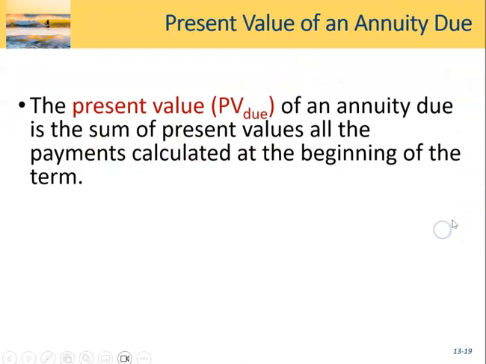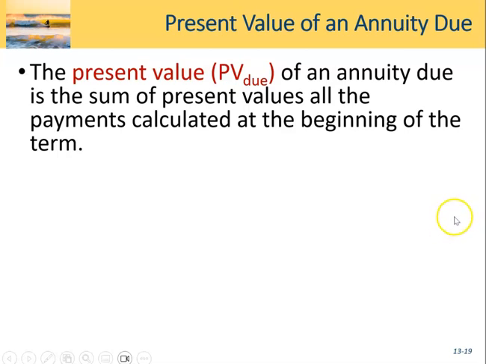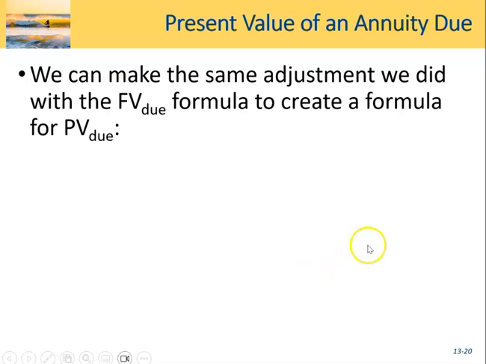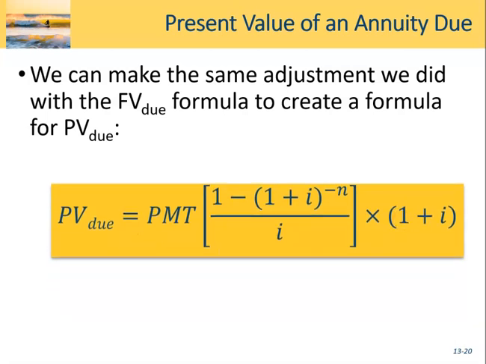Okay, so present value of an annuity due. The present value of an annuity due is the sum of the present values, all the payments calculated at the beginning of the term. So the term starts at the beginning of the first interval, which is also where the first payment occurs. Okay, we can make the same adjustment we did with the future value due formula to create the formula for the present value due.